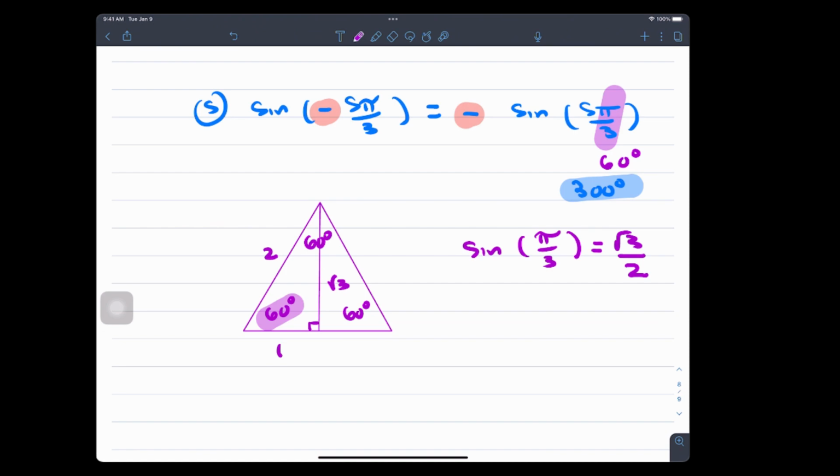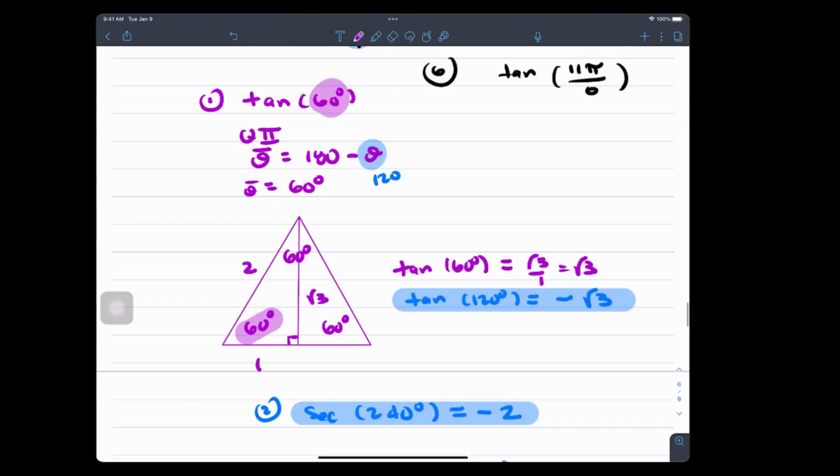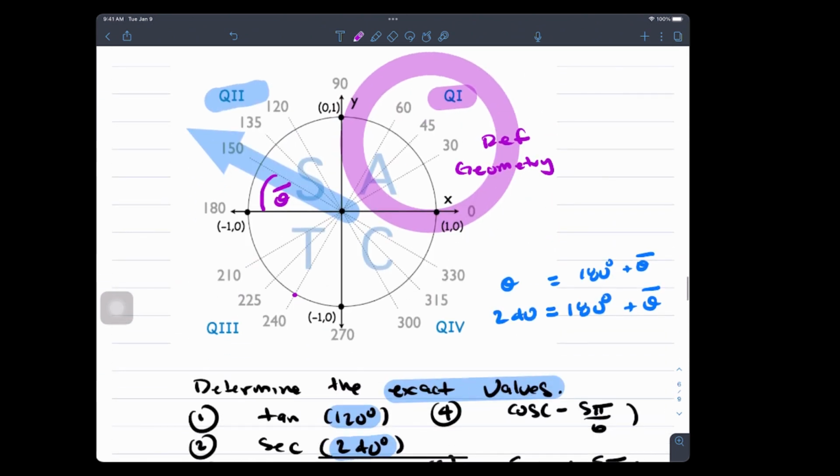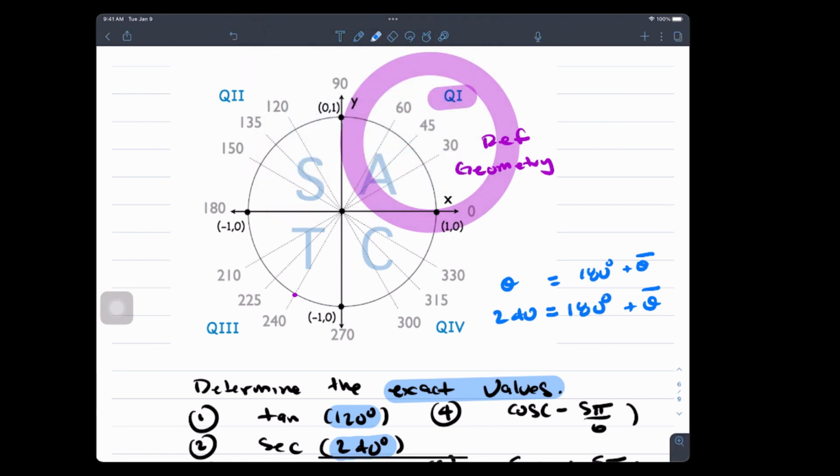Okay. Now what do we do with this? What do we have to remember about the angle? Where is 300 degrees again? Quadrant what? Let's see. Start your ray on the positive x-axis. Rotates where? To 300.